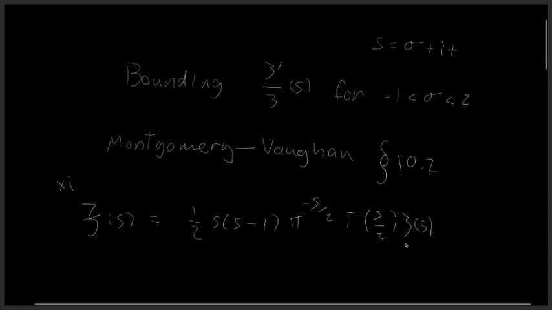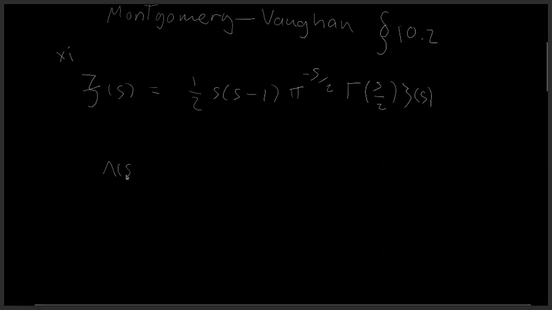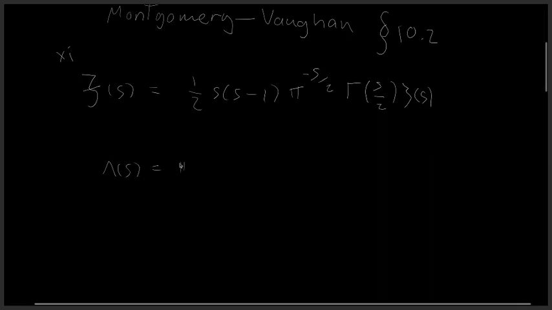And the point of this definition is, well, maybe you recall that there is this completed version of the Riemann zeta function, pi to the minus s over 2 gamma of s over 2 zeta of s, and this satisfies the functional equation that lambda of s is equal to lambda of 1 minus s. So it's a very convenient way of writing the functional equation. You just sort of include these so-called gamma factors in front.